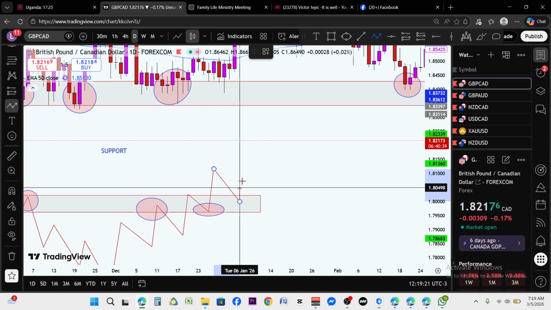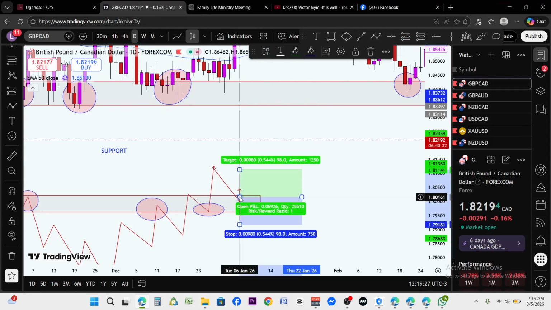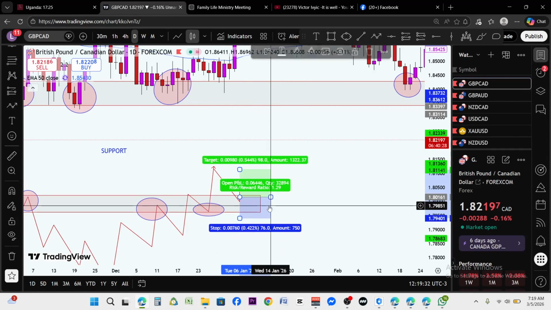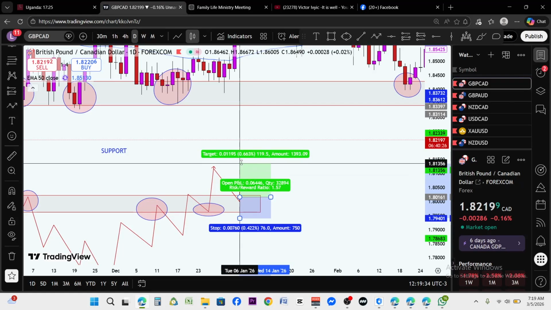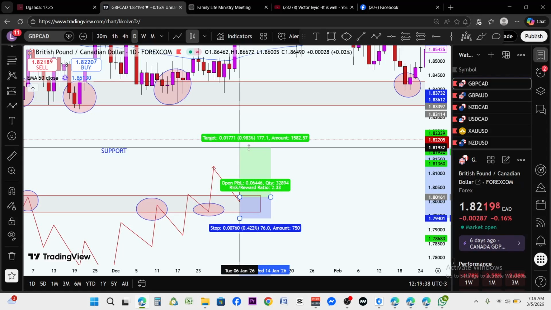Then from here, I can now buy. Put my buy here, my stop loss, then I target the next higher highs with a risk to reward ratio of 2:5.